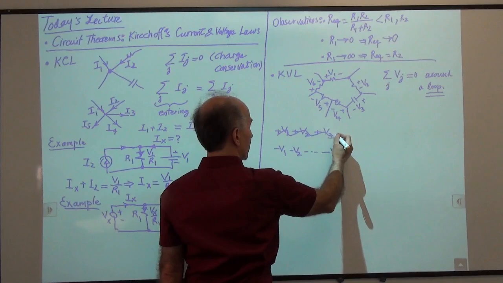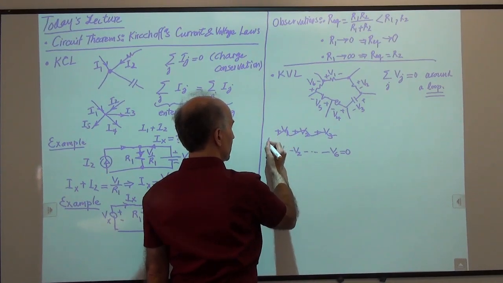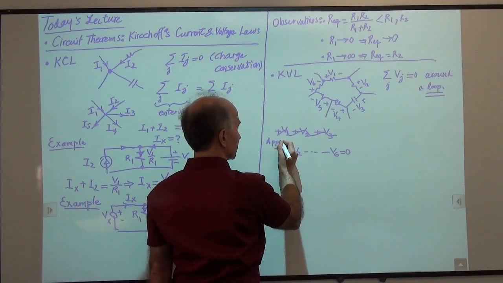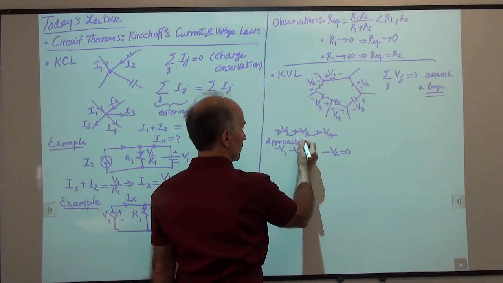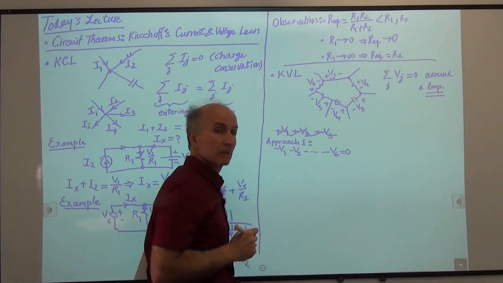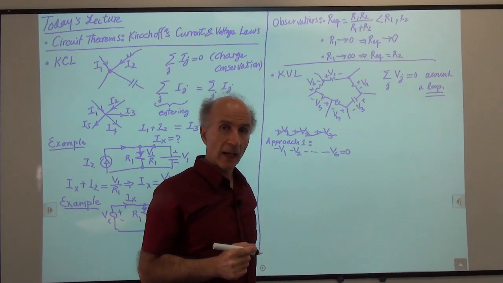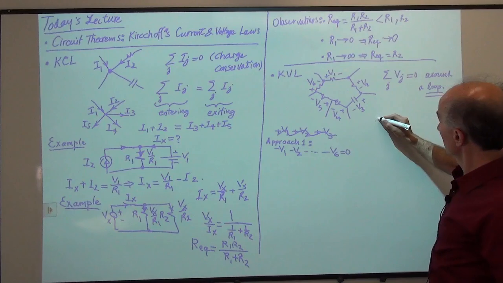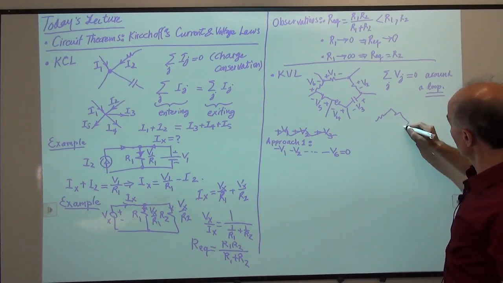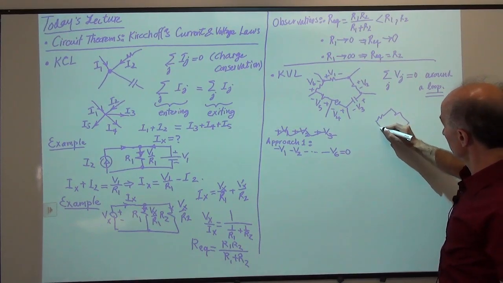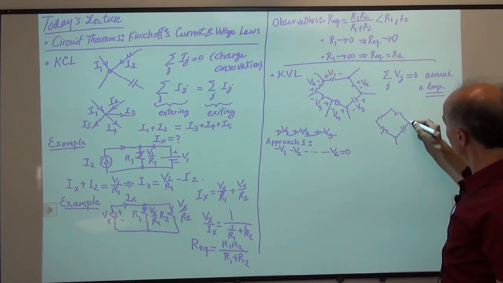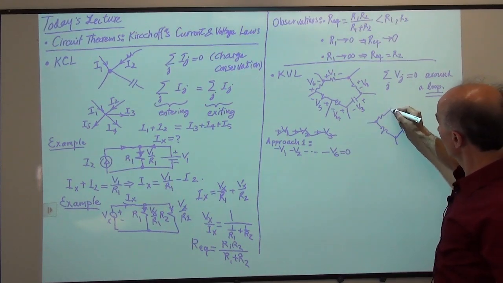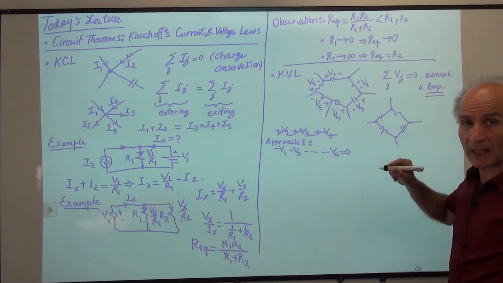So let me cross this out and write this is approach 1. Okay, so you can do that. And for example, if I have another circuit here, so let's just say I have a resistor and whatnot and something like this, and I just come along and randomly assign my voltages.